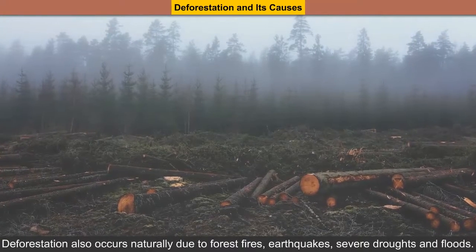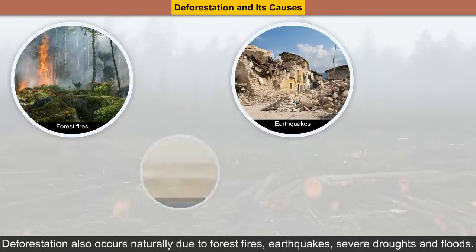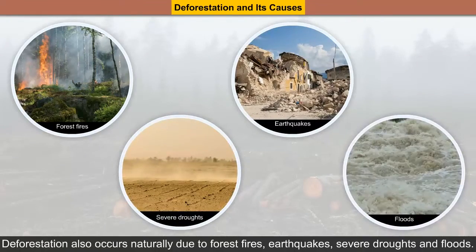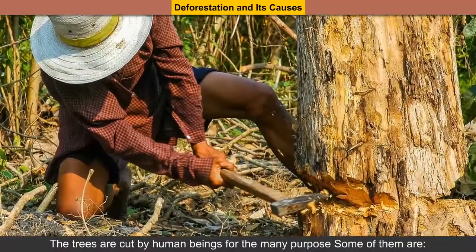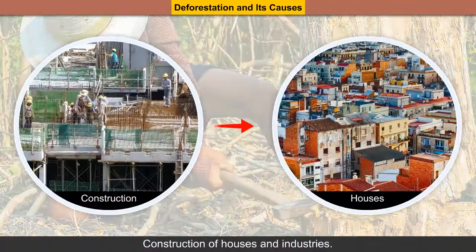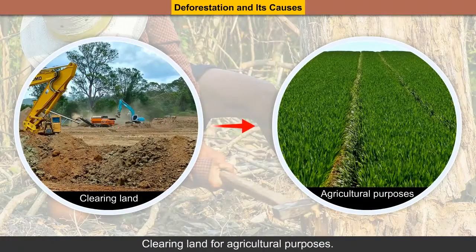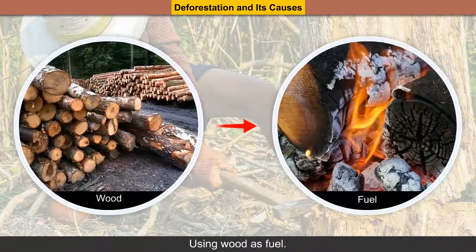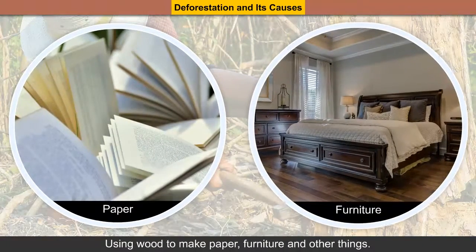Deforestation also occurs naturally due to forest fires, earthquakes, severe droughts, and floods. The trees are cut by human beings for many purposes. Some of them are construction of houses and industries, clearing land for agricultural purposes, using wood as fuel, using wood to make paper, furniture, and other things.